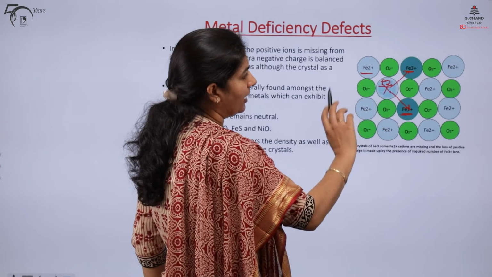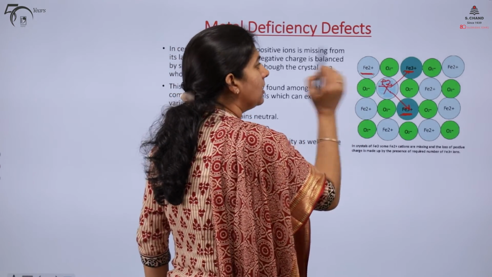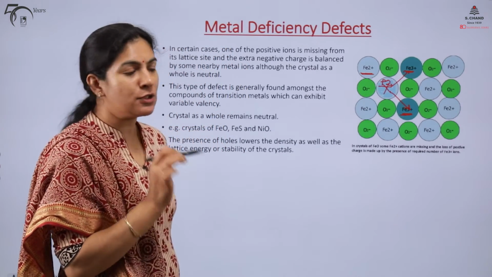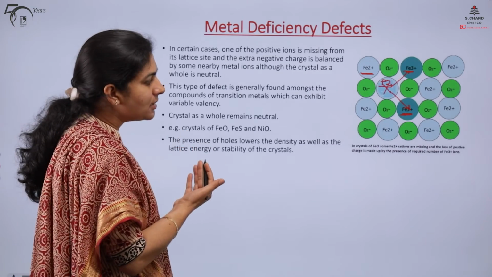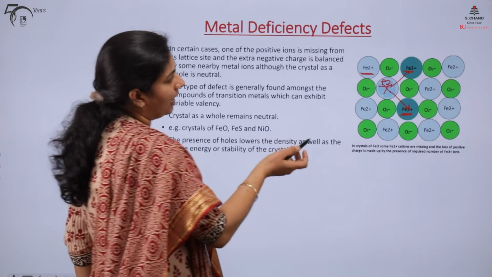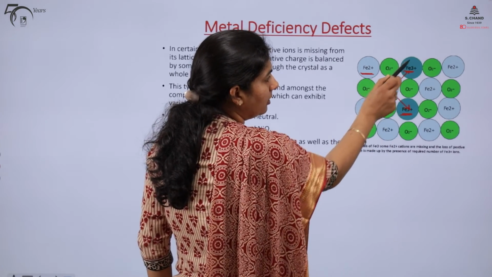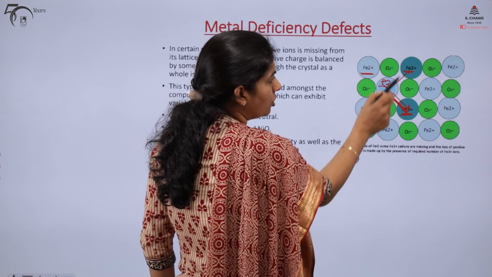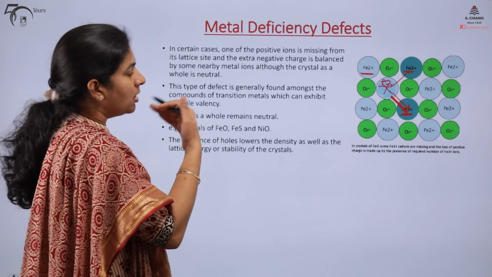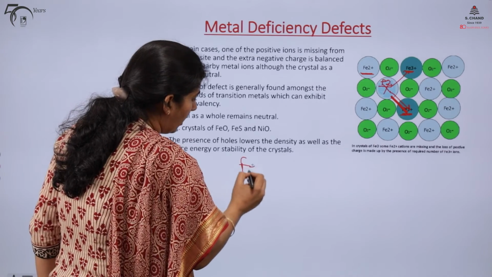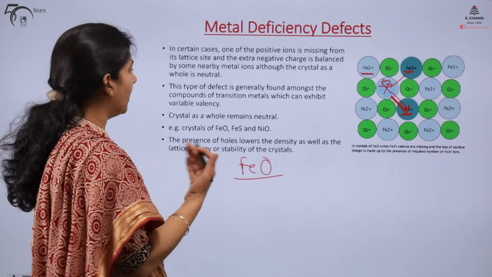Therefore what is there in excess? Oxide ions are in excess and iron is in deficiency. So such types of defects we call metal deficiency defects. Why are they shown by transition metals? Because iron can exist in +2 as well as +3, and it is because of this property that FeO, ferrous oxide, shows this kind of defect.